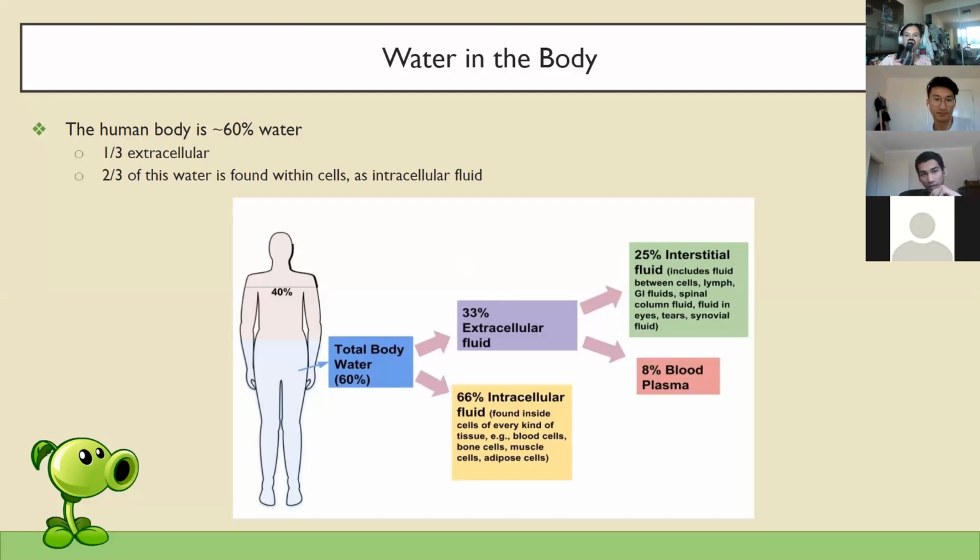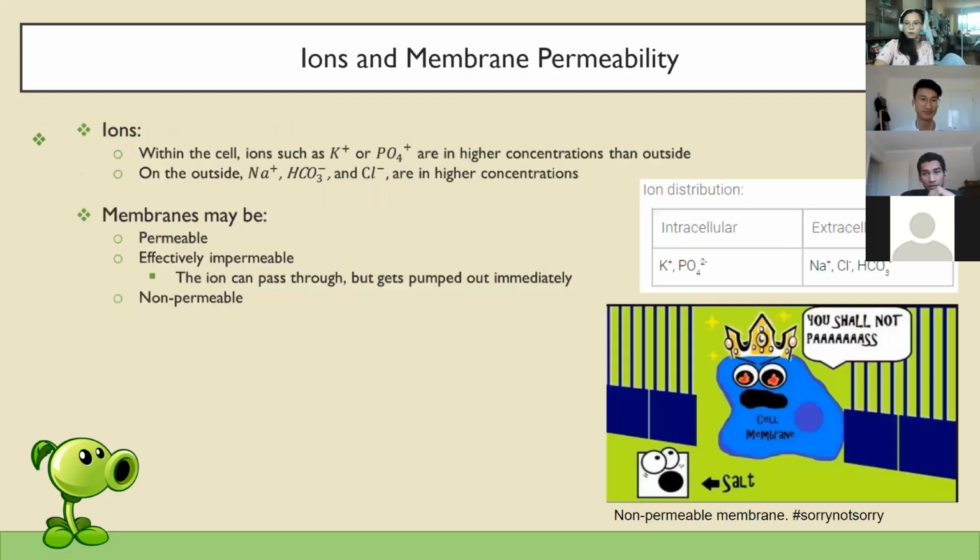So because we have 60% of us as water, our concentration of water inside the body is like 55.5 molar, which is really, really high, especially compared to the next one, which is like sodium at 16 point something, I think. And what that means is water greatly influences how things work inside the body.